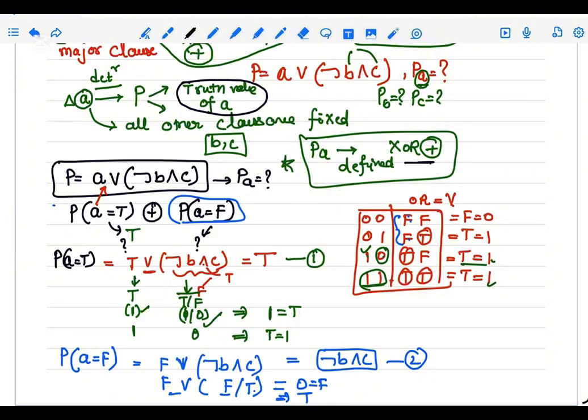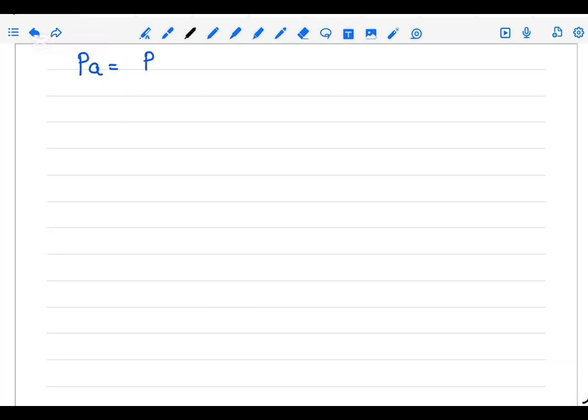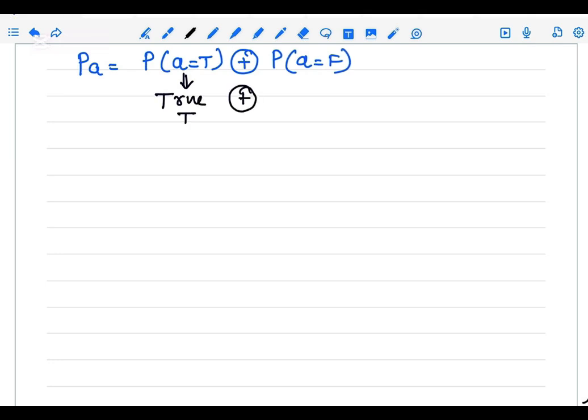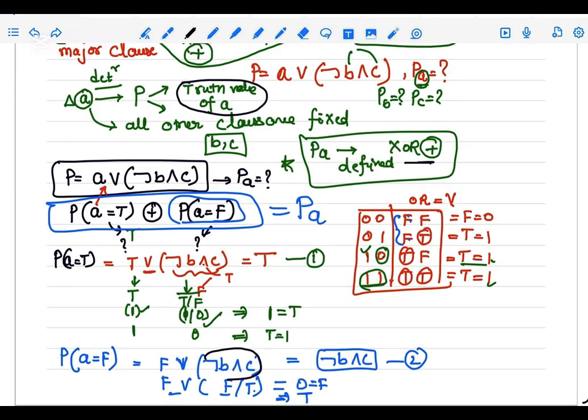We want to XOR these two conditions. We'll give P of A equals to true XOR with P of A equals to false. That is T. So that is XOR with predicate of A equals to false. This one only. False OR with this one.